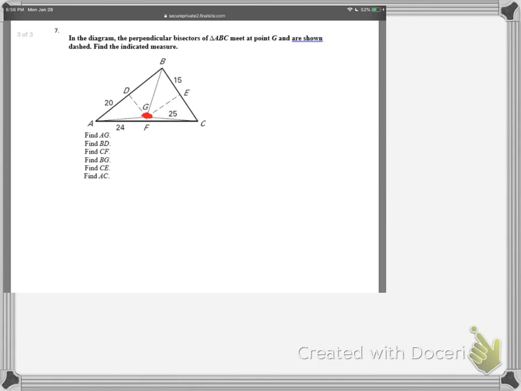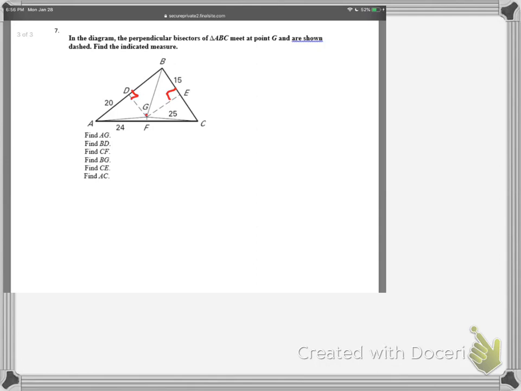Okay, so I'm going to start annotating now. The first thing I'm seeing is that I have perpendicular bisectors, and they are the dashed lines. I'm going to make that more clear by putting the right angle marks right there. I may try to make my point of intersection a little smaller if at all possible.